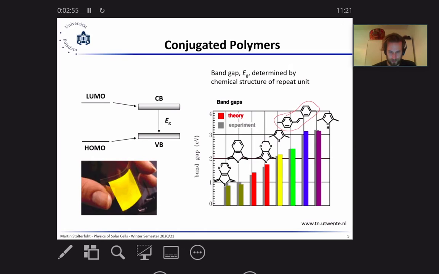This is just an example of some molecules with very different band gaps, ranging from 1 to 3. Often these are thiophenes, for example. I don't know much about all these chemical names, to be honest. That should be a thiophene, also present in P3HT.